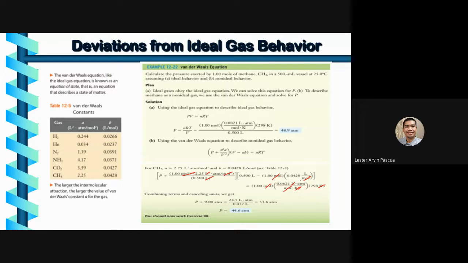Tapos, ang wait, 0.5 liters. I think yung tapos 0.0821 liters. Your liters will cancel. Ay, mali pala. 0.457. Ito pala. 24.5 liters.